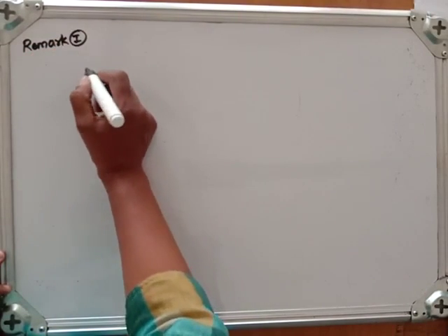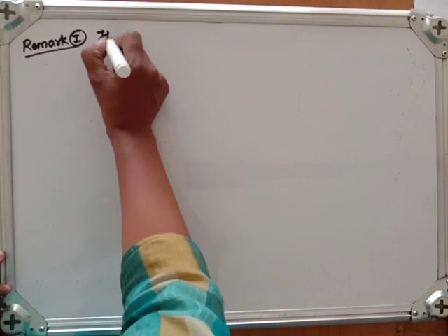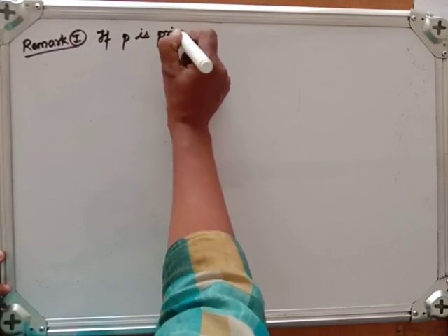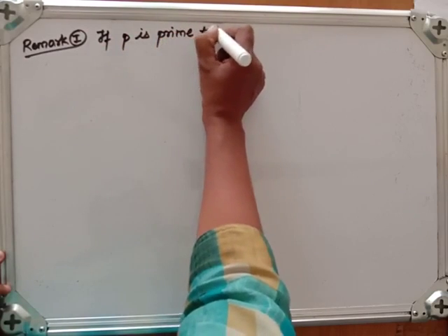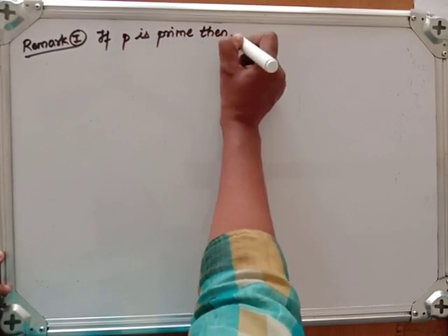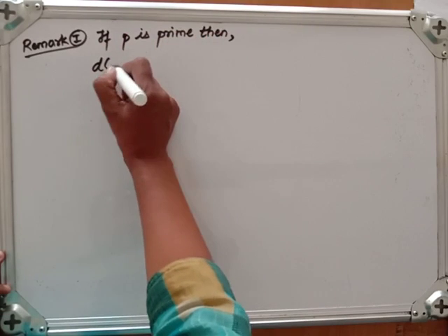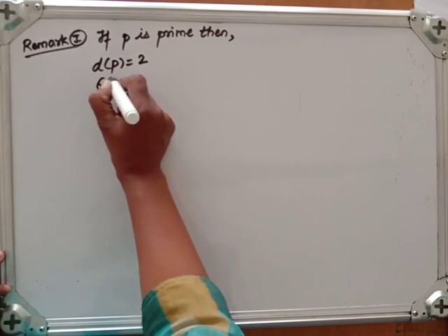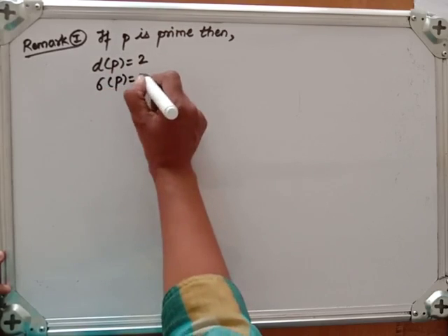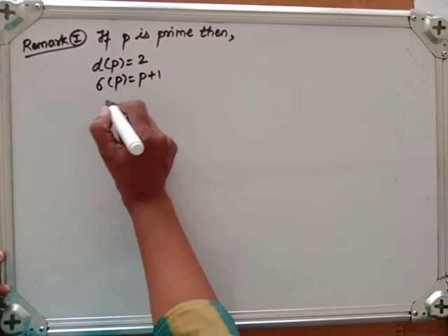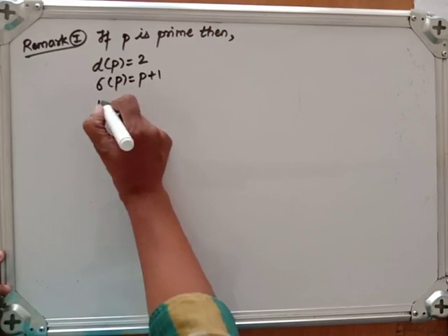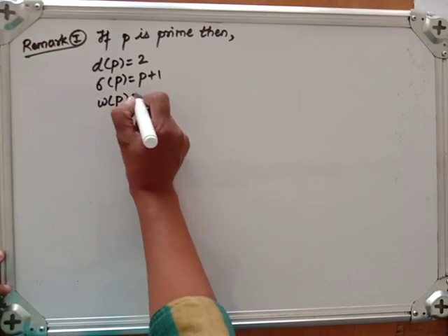Suppose p is prime, then d of p is equal to 2, sigma of p is equal to p plus 1.